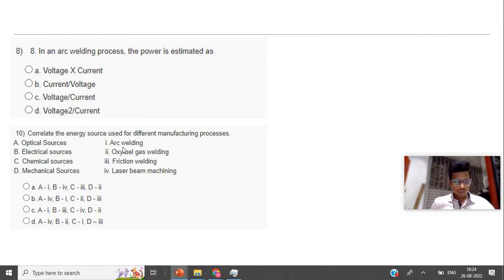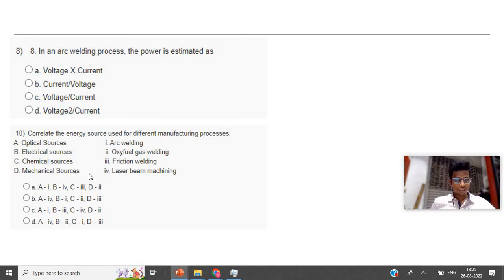Chemical sources: C2, oxy fuel gas welding. Because of the gas fuel mixture, heat will be generated. Exothermic action takes place, and because of that, welding takes place. So this one will be C2. And then mechanical sources means friction welding, because of pressure and also the friction, heat will be generated, which makes the welding process.